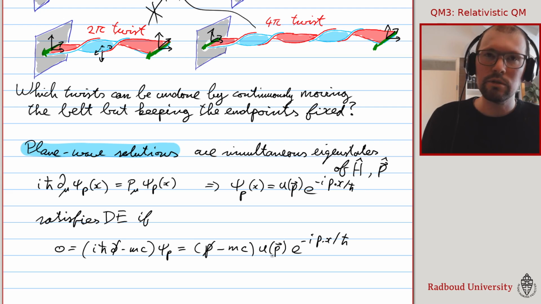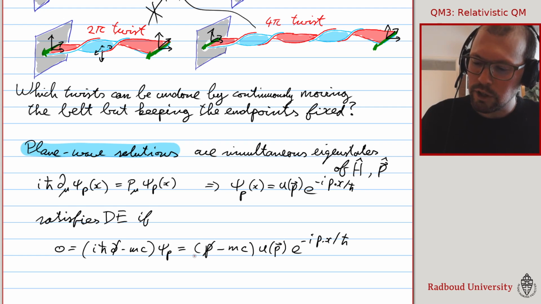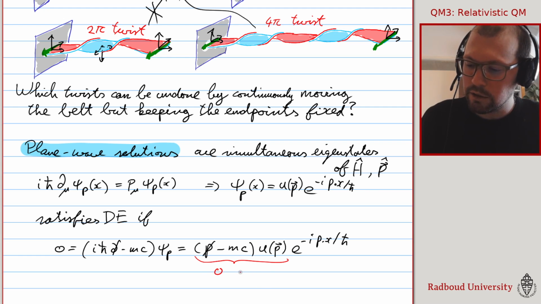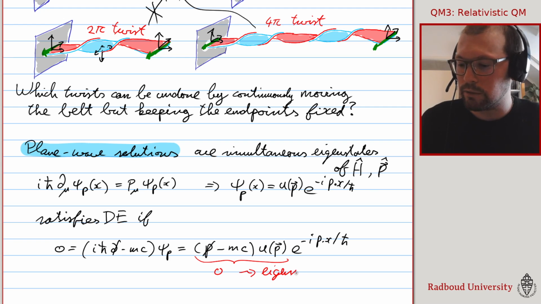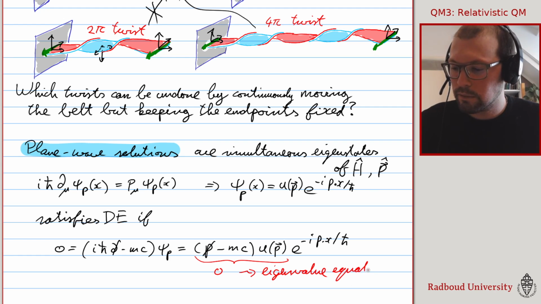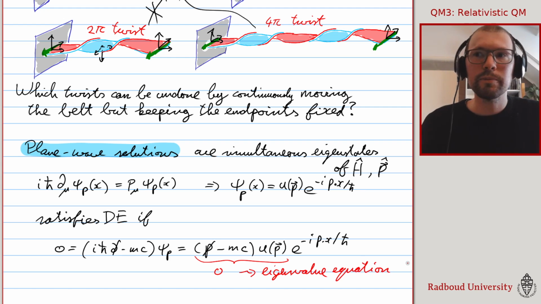Acting on a vector u has to vanish. So that is just saying that u has to be an eigenvector of this matrix p slash. So asking that this is 0, it's an eigenvalue equation for u.